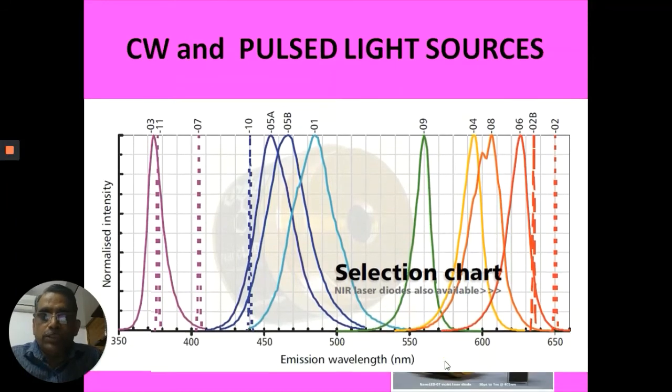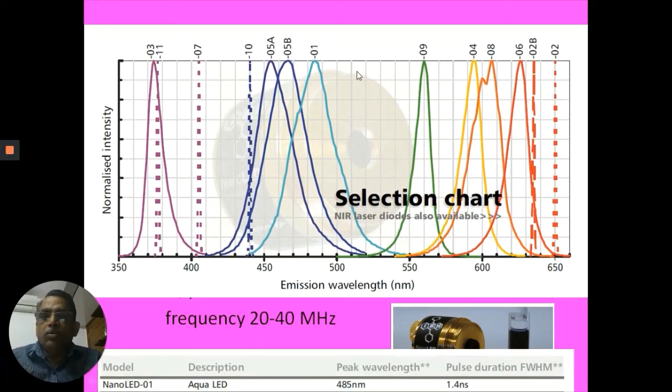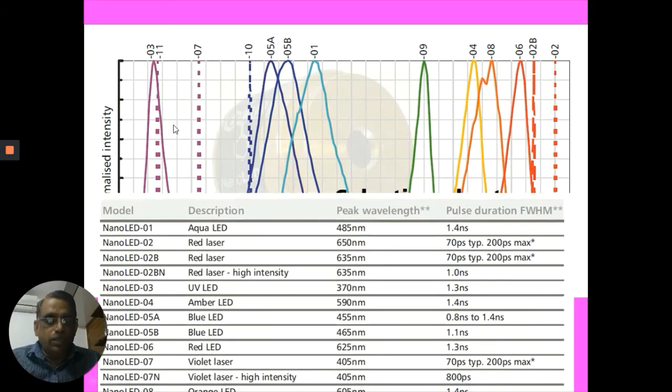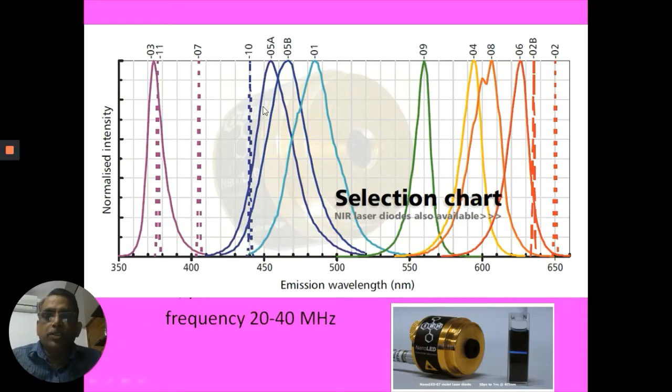You can see different wavelengths are available, like all these LEDs, so you can select them based on your requirement. You can have it at 360, or around 400, or around 600, and so on. A variety of light sources are available, but each one of them costs a little higher, so you can make a selection of the wavelengths.